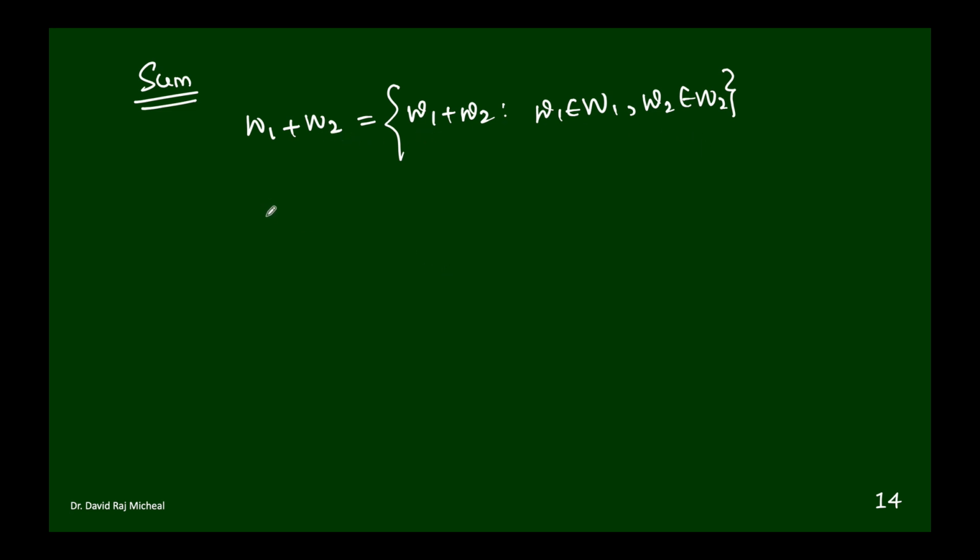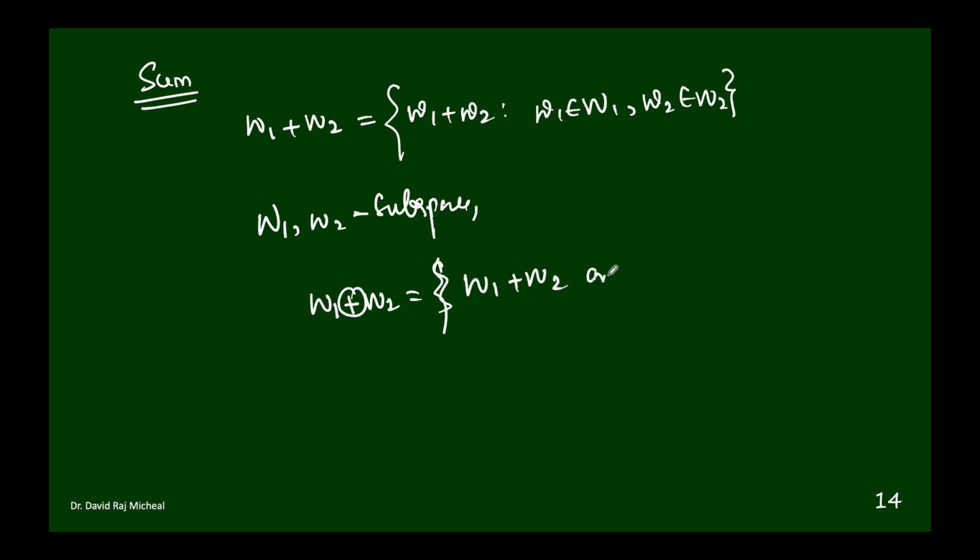Now I can also define one more thing. Suppose W1 and W2 are subspaces. I define something called the direct sum of W1 and W2, written W1 direct sum W2, when it is equal to W1 plus W2 and W1 intersection W2 is equal to the singleton 0.